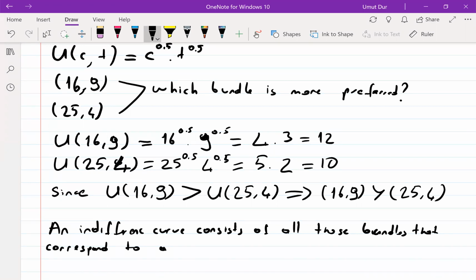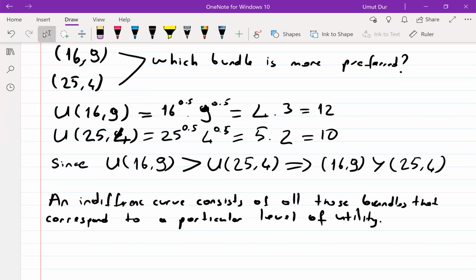But now since we have one more tool, the utilities, we can write that as corresponding to a particular level of utility.